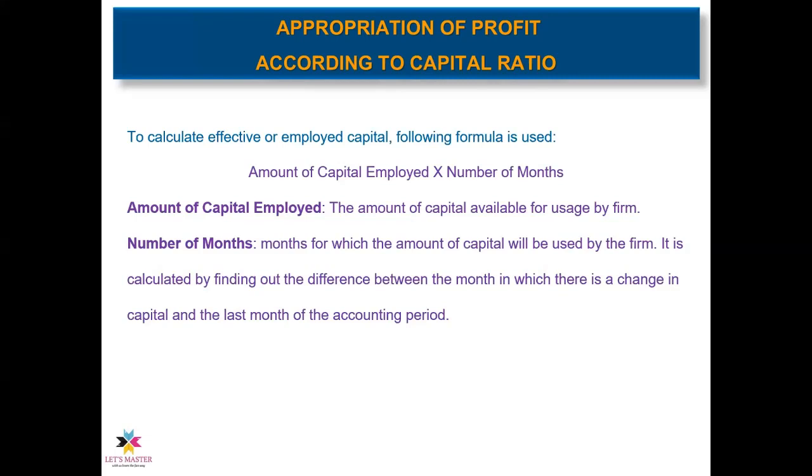Earlier, I gave you one example that a partner initially invested 70,000 as capital in the firm. But after 5 months, he has taken away 20,000 from the capital employed, leaving 50,000 as capital in the partnership firm.